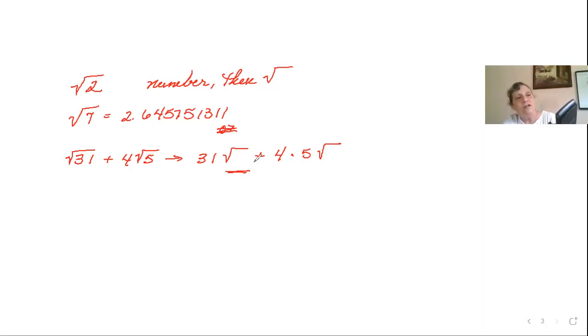So if I do, let me clear it out. If I do 3, 1, square root, it'll give me the square root of 31. Then I need to do plus. It hasn't added anything. 4, now this will follow order of operations.